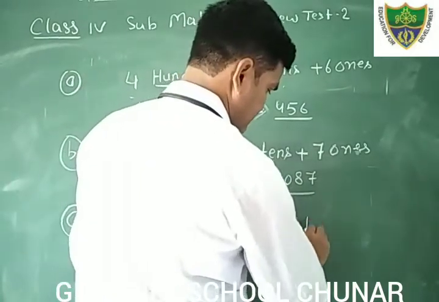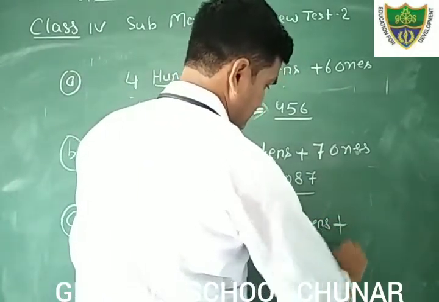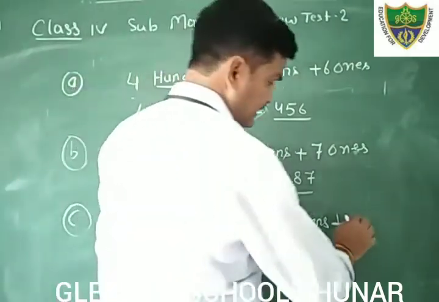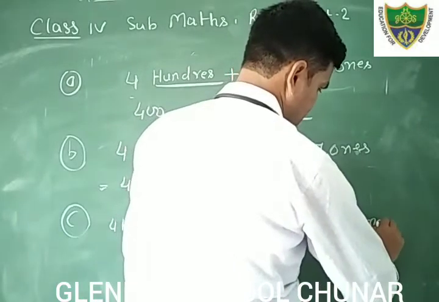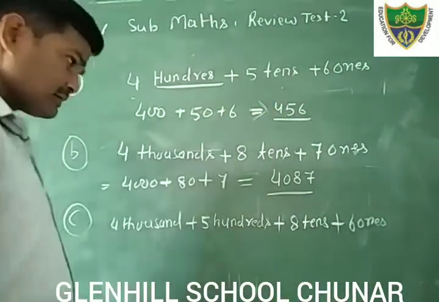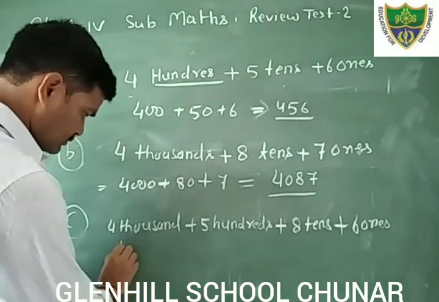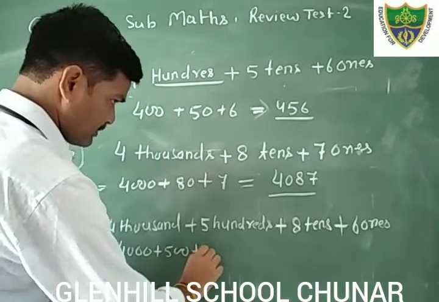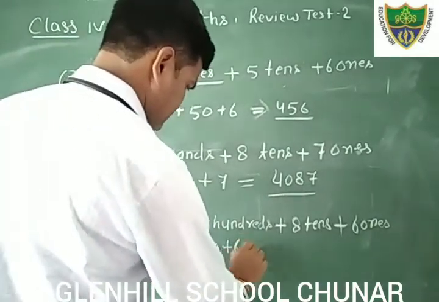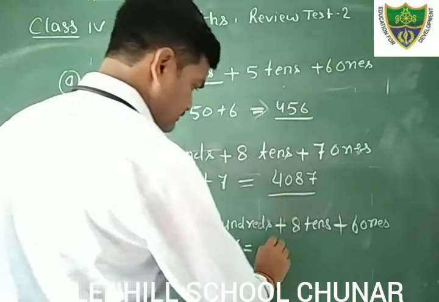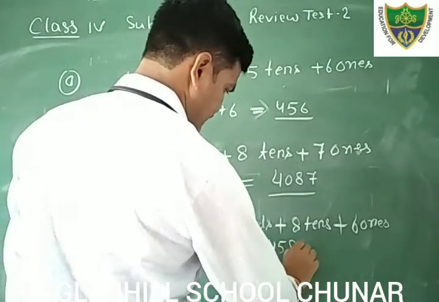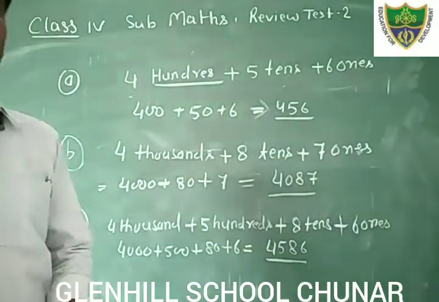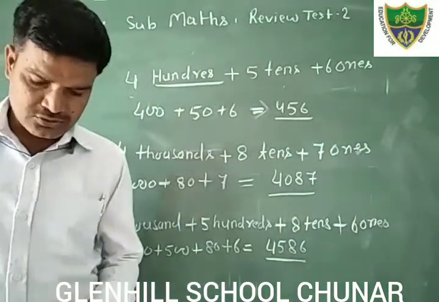That is 8 tens. Plus how many ones? 1, 2, 3, 4, 5, 6. There are 6 ones. When we combine, that is 4,000 plus 500 plus 80 plus 6, which is 4586. This number is shown by that figure, 4586. Okay, you note it.